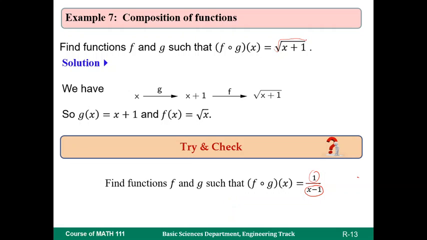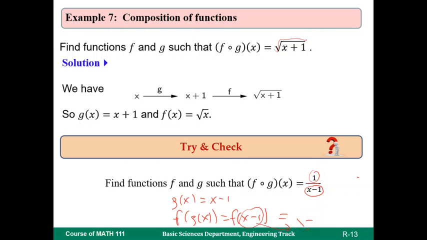Let g, the inside, be x minus 1, and then f of g of x will be equal to f of x minus 1, and this is 1 over x minus 1. It takes this value and replaces it.